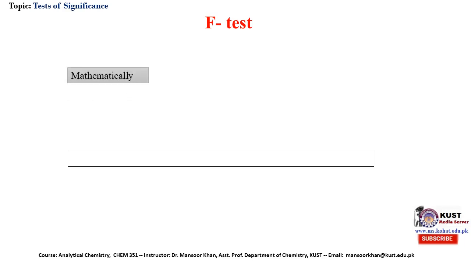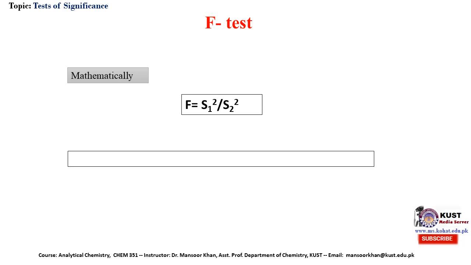Now mathematically, in the F test, F is calculated, and F is equal to the variance of the first method divided by the variance of the accepted or standard method.